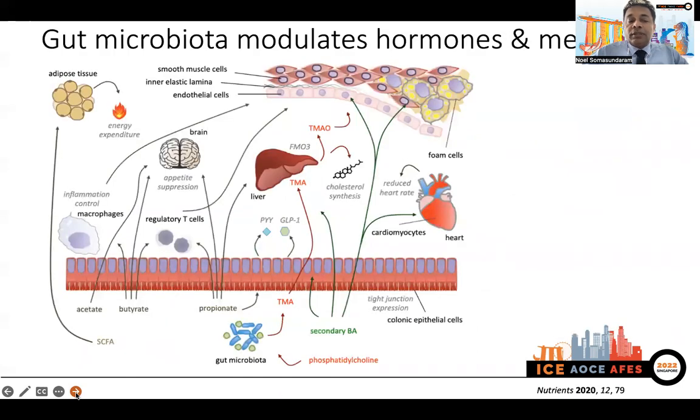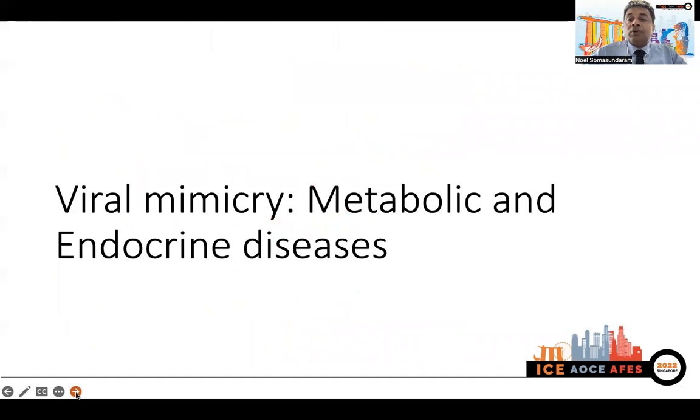And here in this cartoon, in this recent paper in 2020, I've shown how microbia at the bottom contribute to certain inflammatory molecules like TMA and phosphatidylcholine, which make the atherosclerotic plaque more active, and foam cells are created, leading to inflammation and rupture.